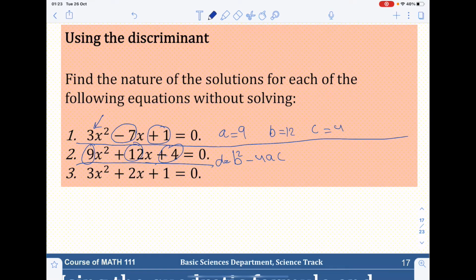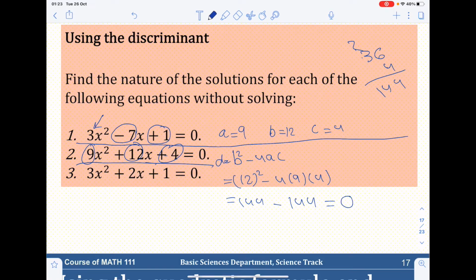So the discriminant is 12 squared minus 4 times 9 times 4, which is 144 minus 36 times 4, so 144, which equals 0. So in this case, since the discriminant equals 0, it means we have one real solution or one repeated solution.